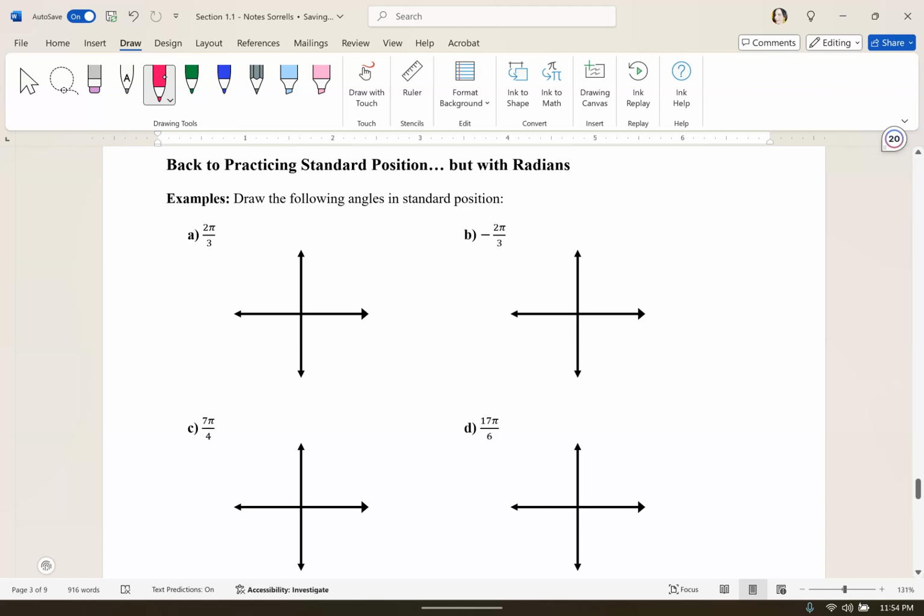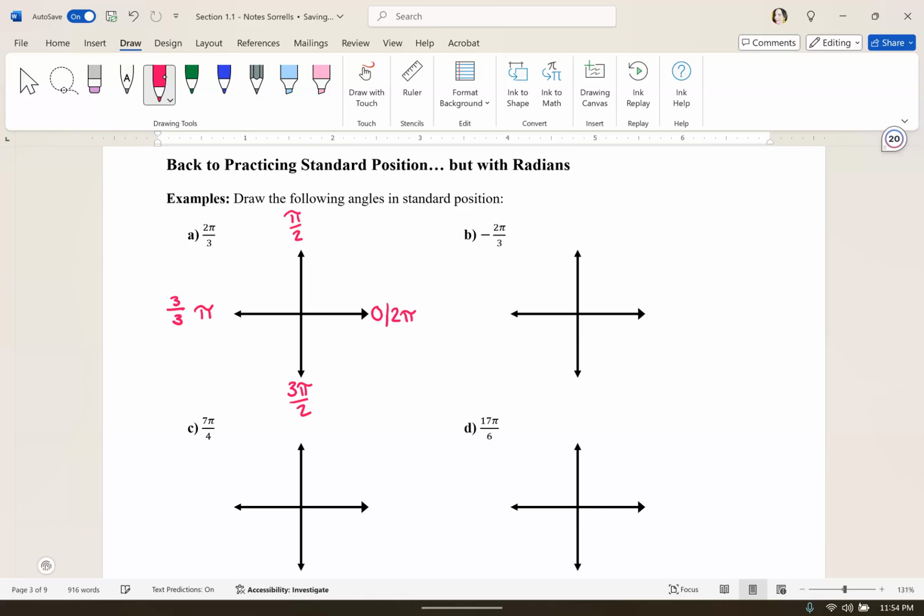So here, let's do a few examples together. So if you want, put your quadrantals on here. This is 0 and 2 pi, pi over 2, pi, and then 3 pi over 2. Okay, so notice that 2 pi over 3 is less than if I was to say this was 3 over 3, which made 1.